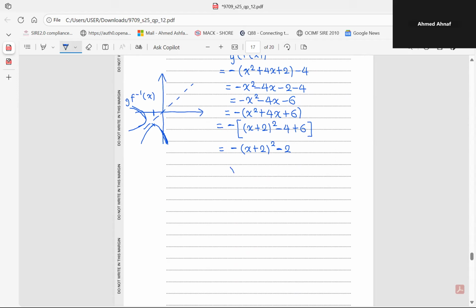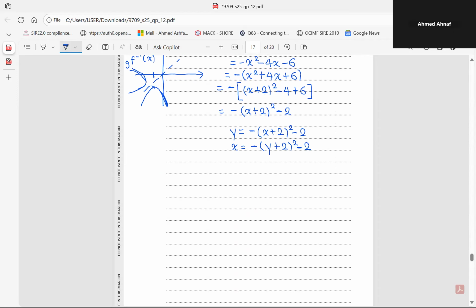So replace g of x with y. And swap the x's and y, so this becomes x equals minus y plus 2 squared minus 2.